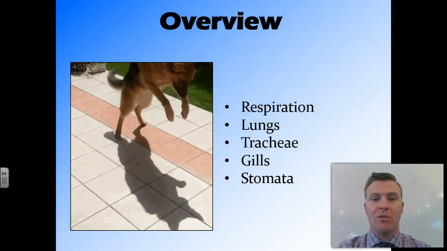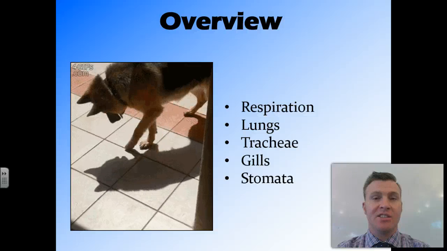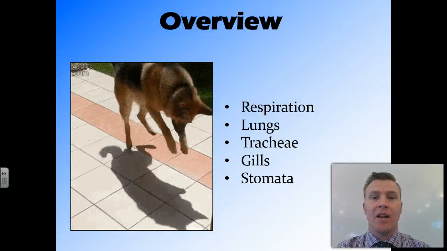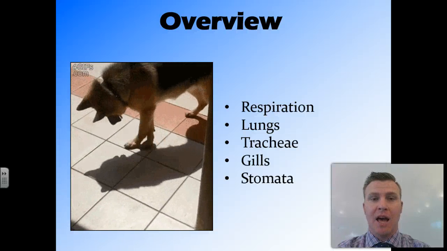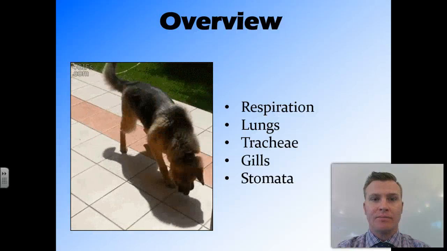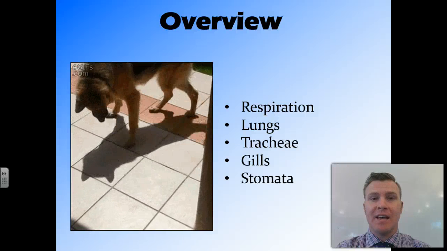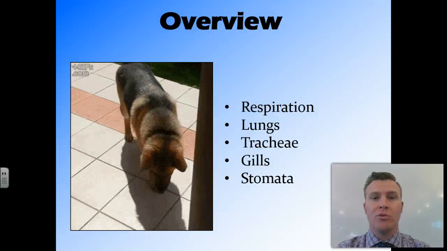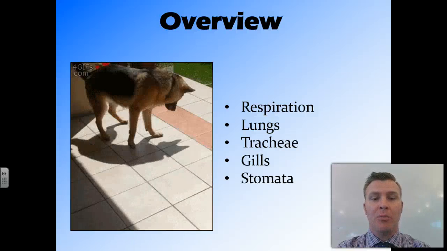So in this video, we have looked at respiration as the need to have gaseous exchange mechanisms in all organisms. We've looked at the lungs, which are specialized structures in mammals and a few other animals that have alveoli. We've looked at the tracheae, which are found in insects, which are very small tubes that run through the insect's body with spiracles at the opening.